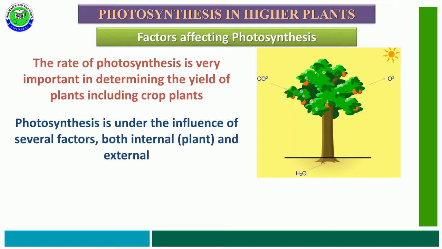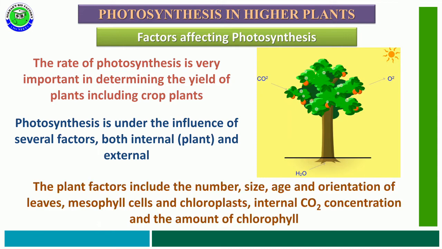And photosynthesis is under the influence of several factors, both internal factors related to plants and external factors related to the atmosphere. The plant factors include the number, size, age and orientation of leaves along with mesophyll cells and chloroplasts, the internal CO2 concentration and the amount of chlorophyll pigments.